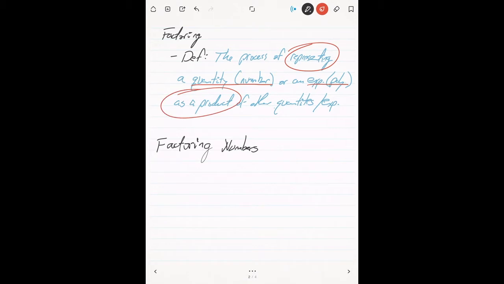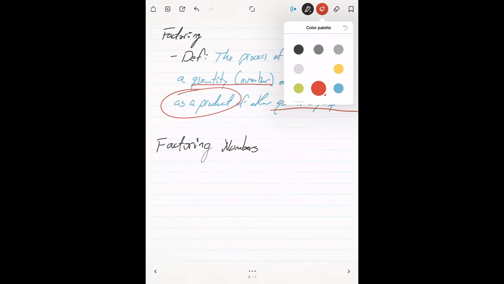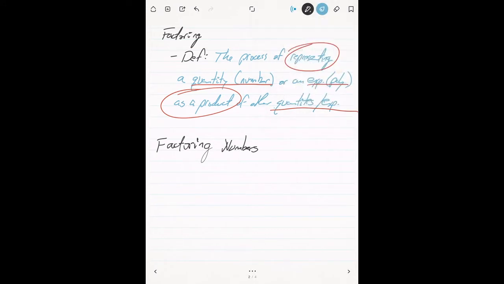So instead of taking a quantity and just writing a value down like a number, we're representing it as a product of other quantities. And instead of taking a polynomial and just writing a standard polynomial, we're representing it as a product of other polynomials.